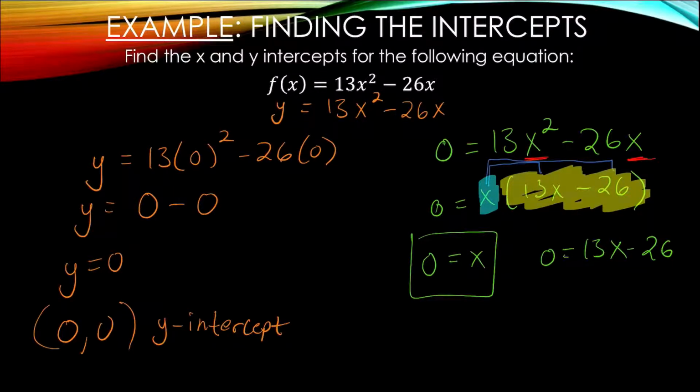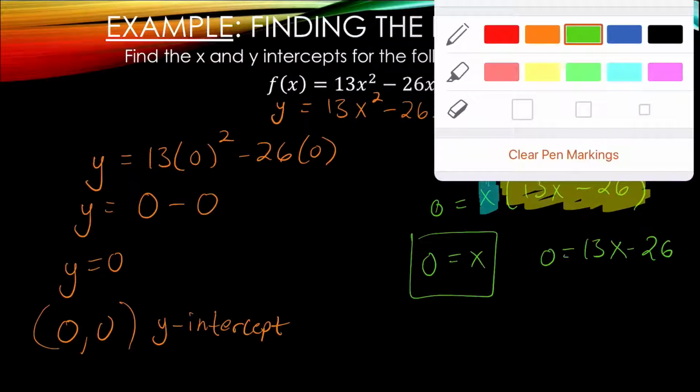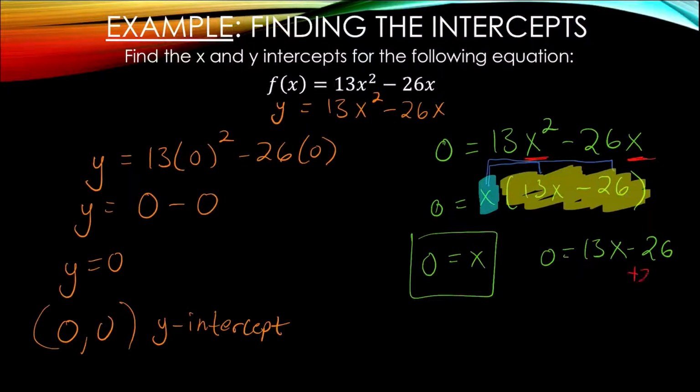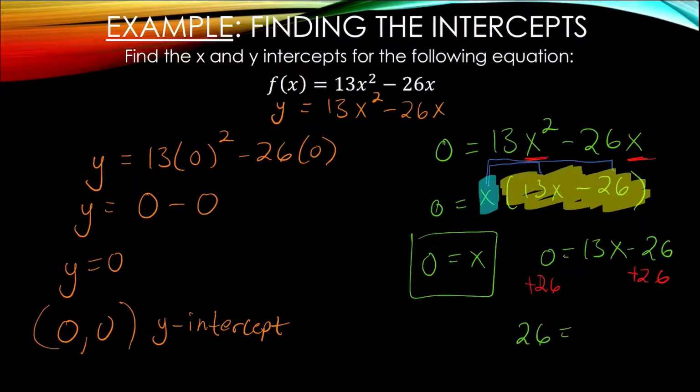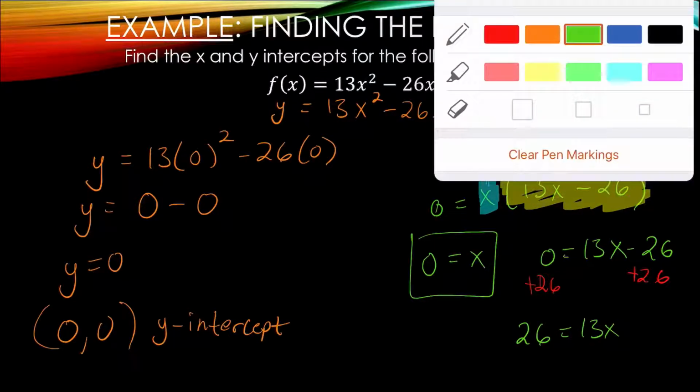My other answer, 0 equals 13x minus 26, we can solve for. We're going to add 26 to both sides here. We get 26 equals 13x.